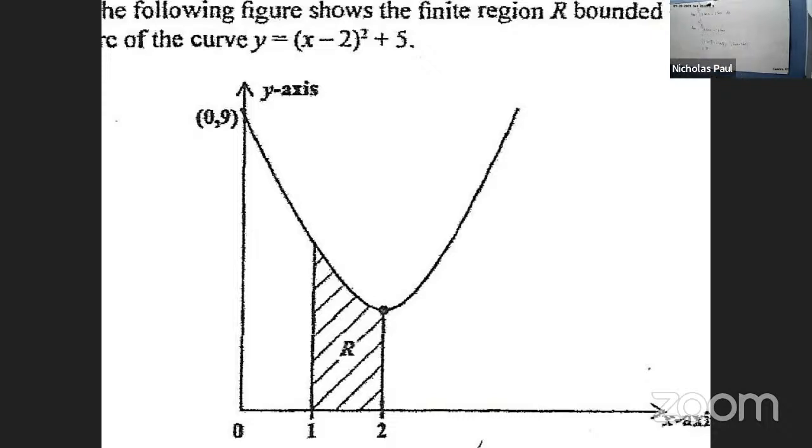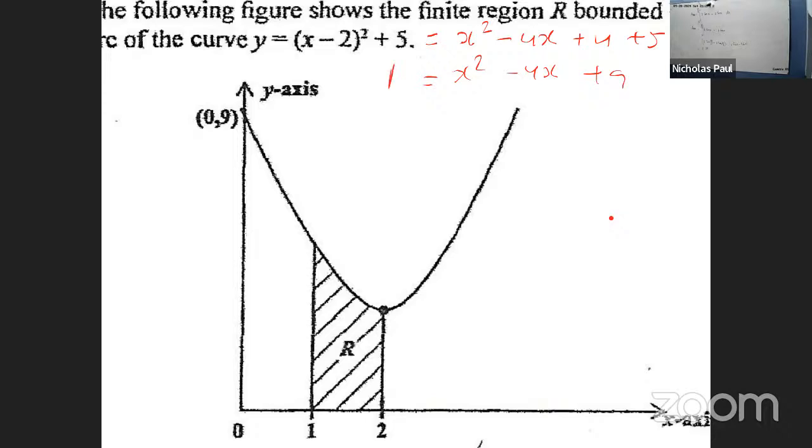All right, let's see what you got. Right, so when you expand it out, you'll get x squared minus 4x plus 4 plus 5. So you get x squared minus 4x plus 9.